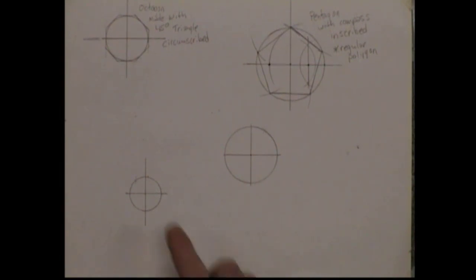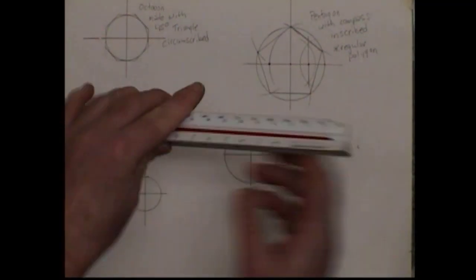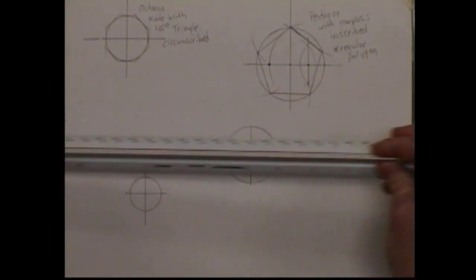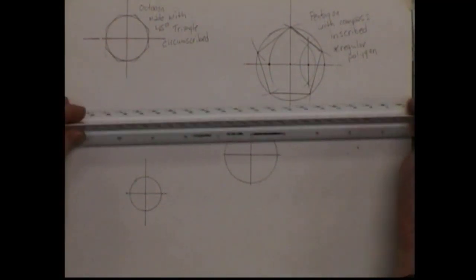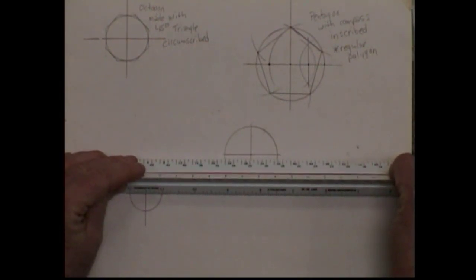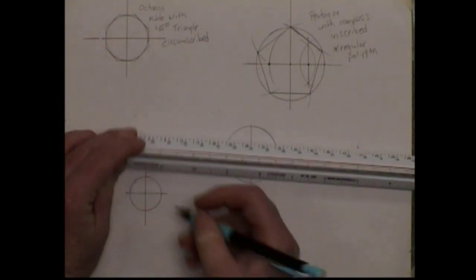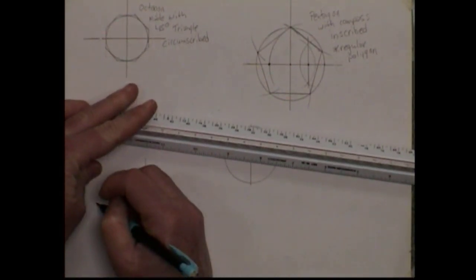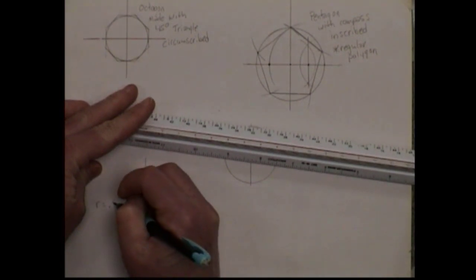So I know I need an arc that goes with these two tangent points. I am going to do a little bit of measuring because I need to know what these radii are now. Normally we'd be given this. So that's right at a 1/2 inch. So we're going to say little r is equal to 0.5.